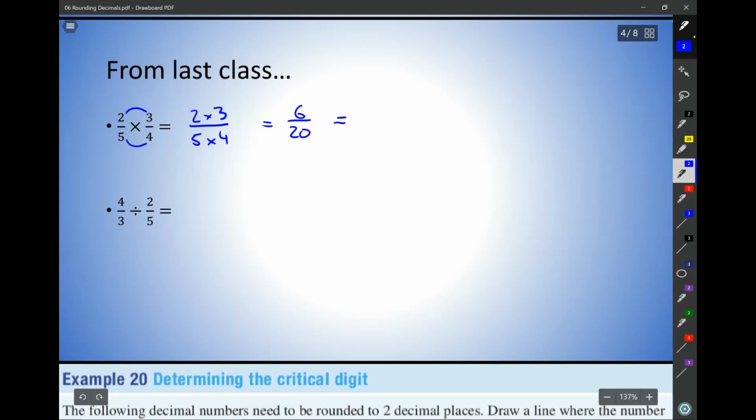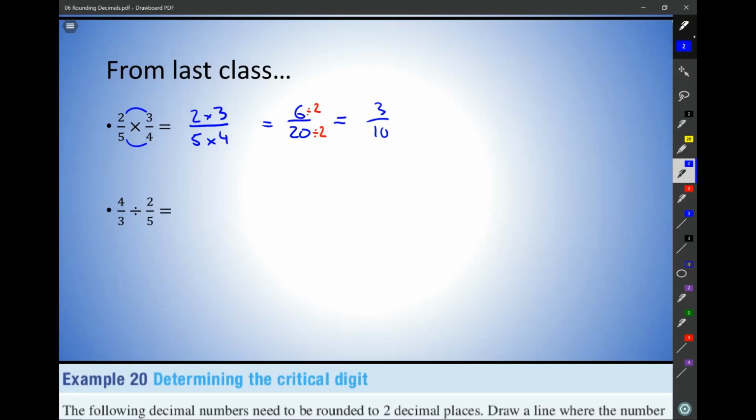Now we can simplify this fraction because we can divide the top by 2 and we can also divide the bottom by 2. And we will get 3 over 10, and that is the simplest version of the fraction.